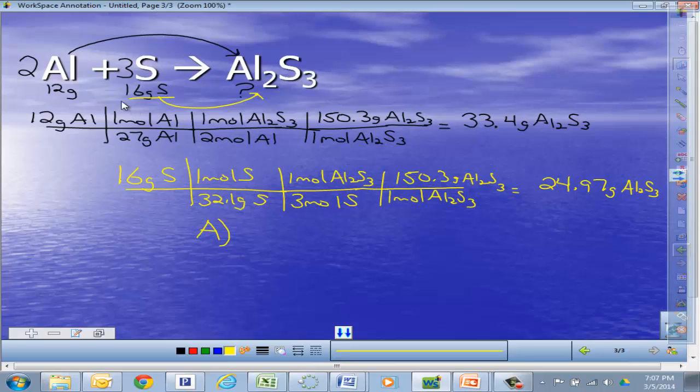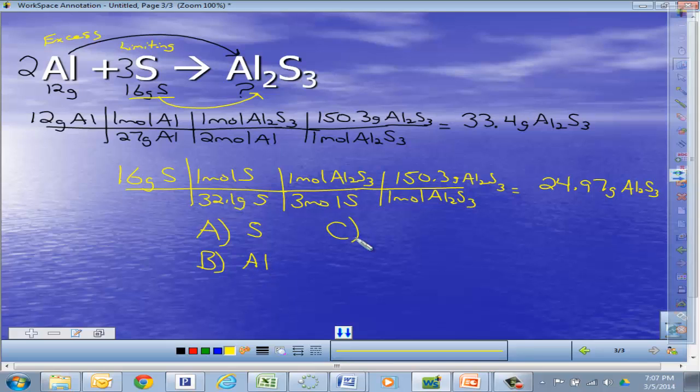So what that means is this one right here, sulfur, that's going to be my limiting reactant. And if that's my limiting reactant, then that must mean that aluminum is going to be my excess reactant. So, part A, limiting reactant, sulfur. Letter B says, which one's your excess reactant? Well, my excess reactant is going to end up being aluminum.